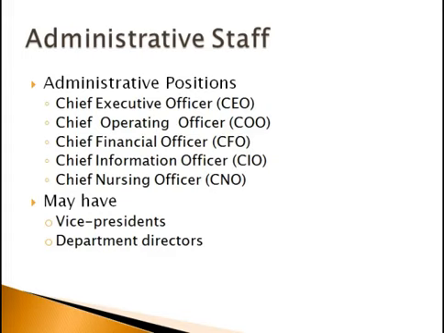Lots of times the health information management department reports to the chief financial officer because of the coding. The chief information officer is responsible for information resources, and it could be all of the computer systems, sometimes health information technology. The chief nursing officer, of course, is responsible for all of the nursing functions, and all the nursing departments report to that individual.